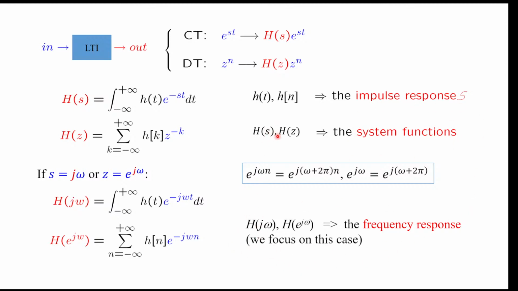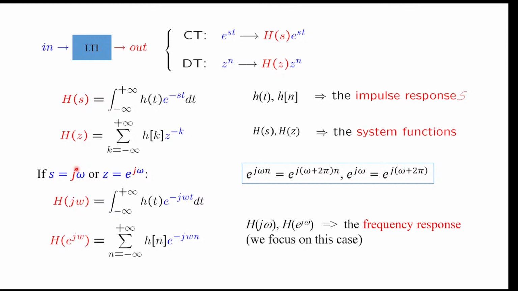When we focus on s equal to j omega or z equal to e to the j omega, those are called frequency responses, because we are thinking about the response to a particular frequency omega. That means it's a response to some periodic complex exponential with frequency omega, because e to the j omega t, as you know, is a complex exponential with frequency omega.